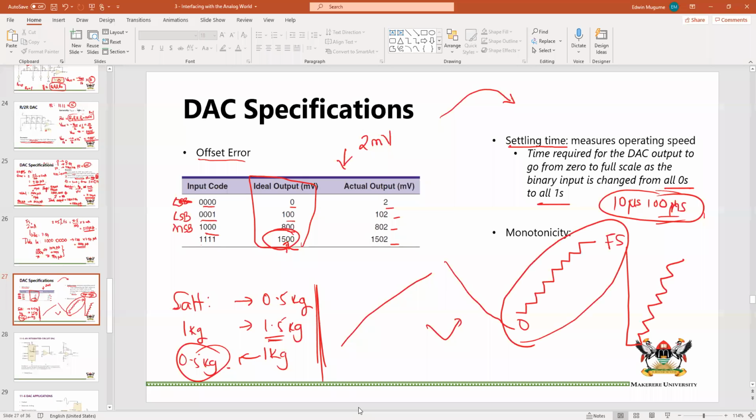If you notice in your DAC that sometimes you have a step that is higher than another one in future, then you know that there's a problem with your DAC, and we are going to see an example around that when we begin troubleshooting. But generally, that's what it means, that the performance of the DAC should always be monotonic as it moves towards full scale.